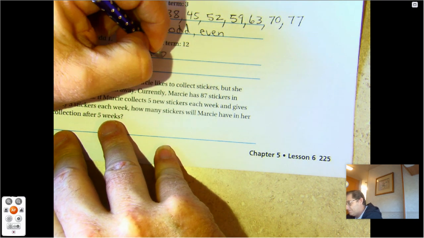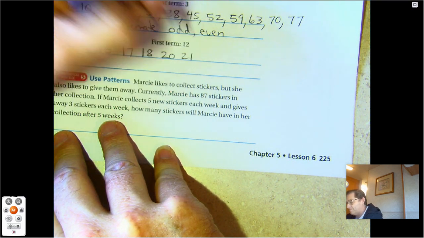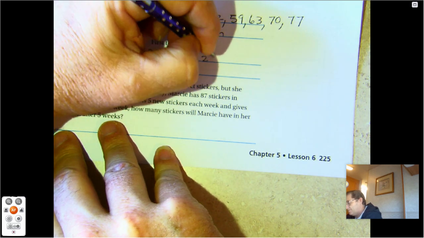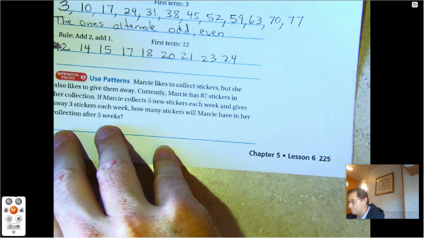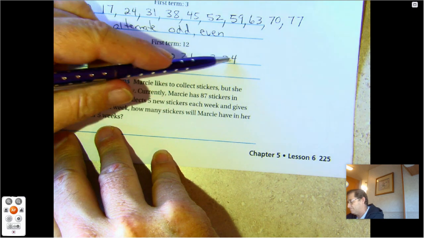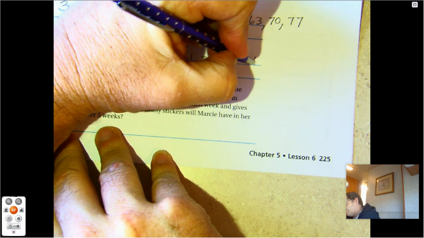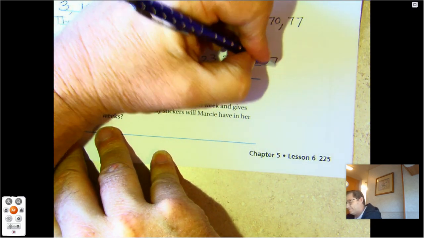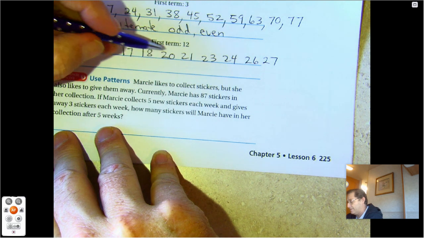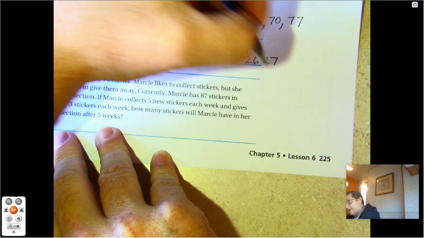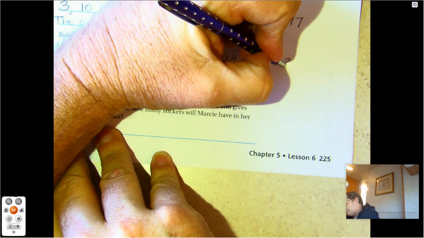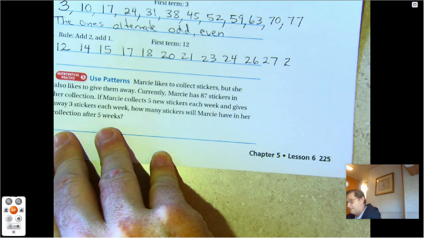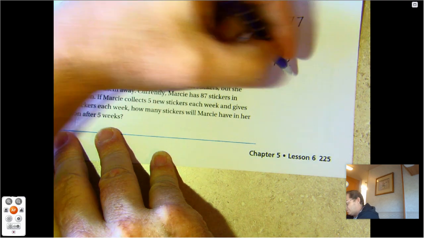Add 2, add 1. Add 2, add 1. Add 2, add 1. And add 2.